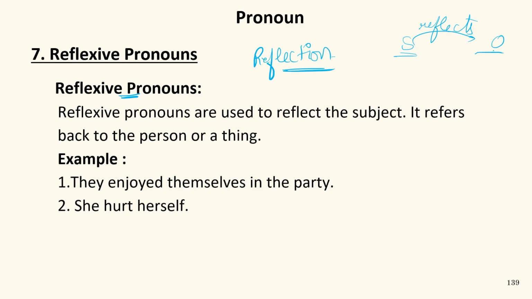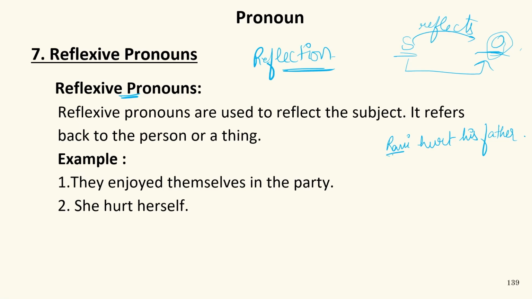It means we don't have any other person in this object. In fact, we have the same subject over here as well. So this is called a reflexive pronoun. For example, suppose this is the sentence, Ravi hurt his father.